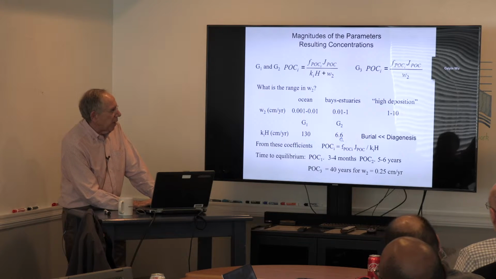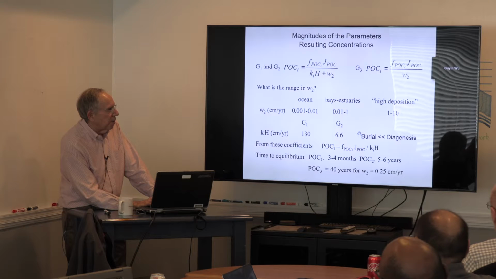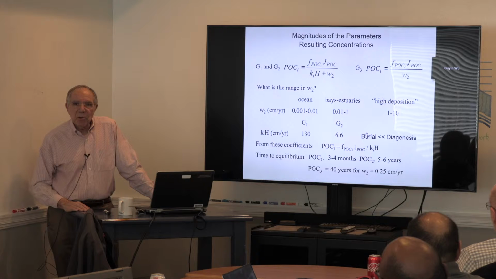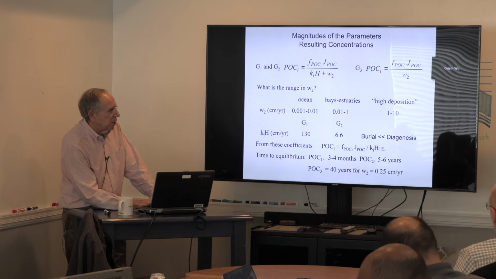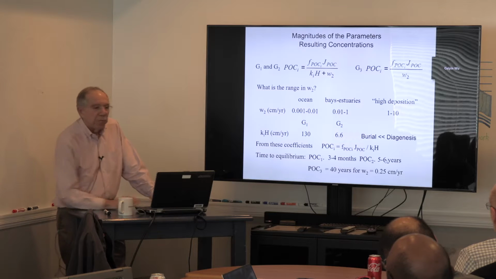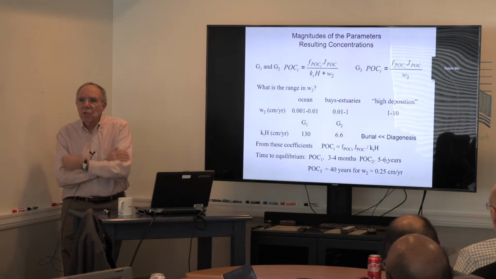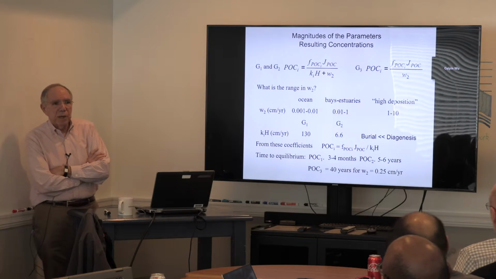We have the reaction rates, and so what you end up with is that for G1 and G2, diagenesis is very much larger than burial. You don't ever lose any reactive material by burial. It's all reacted away long before it's buried.